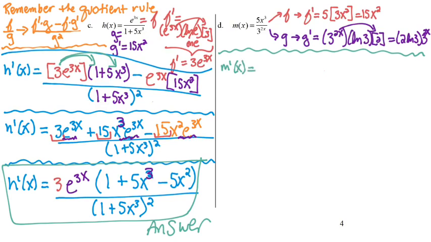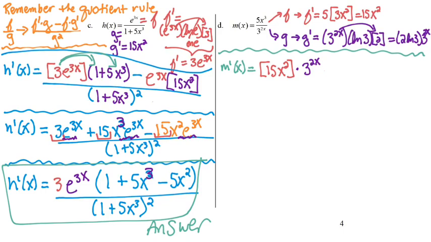So now I'm ready to put all the parts into place. So the first thing we do is f prime, and our f prime is 15x squared. Then the formula says to write g in its original format, which for us is the 3 to the 2x power.